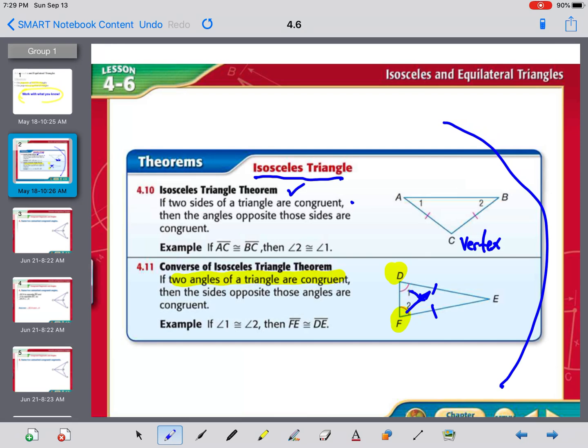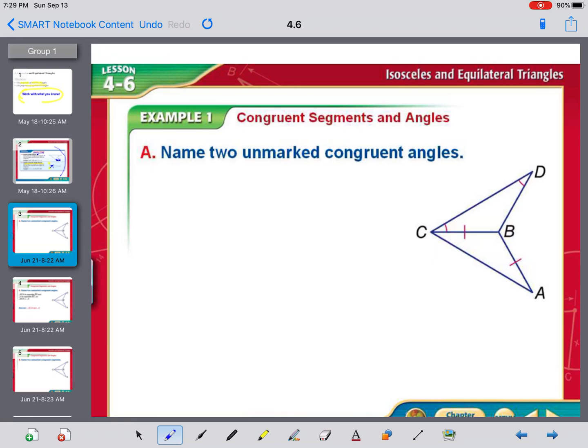But that's the idea. If two sides are congruent, then the angles are congruent. If two angles are congruent, then two sides are congruent. And that's nice, so you know that it's isosceles and so on.